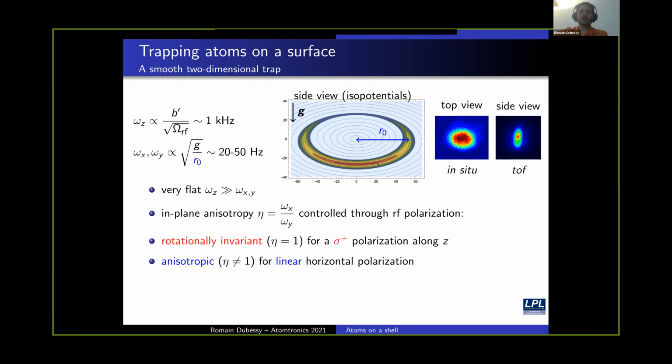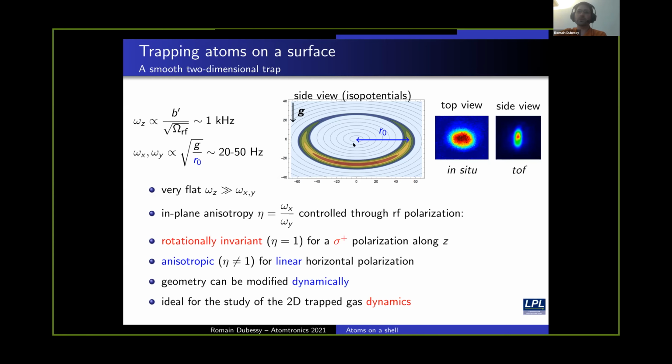And what is nice is that we are left with some degrees of freedom. We can choose the radiofrequency polarization, or we can choose the radiofrequency frequency, omega itself. And this will enable us to tune this bubble. For example, we can realize a rotationally invariant trap with a particular choice of circular polarization of the RF field, or we can induce anisotropy with linear horizontal polarization.